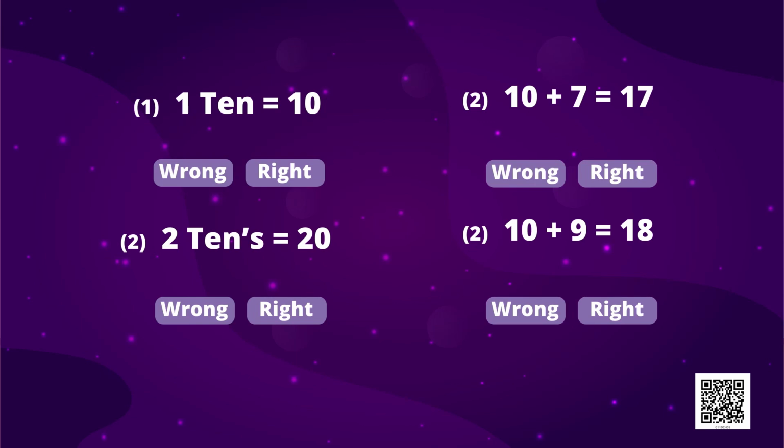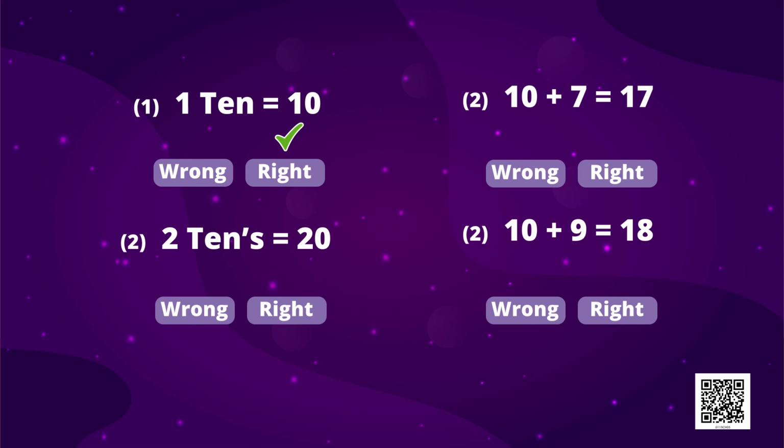Here we have so many sums for this. Now tell me, right or wrong? 1 ten is equal to 10. Right or wrong? Yes, that's absolutely right. 2 tens equal to 20. Right or wrong?